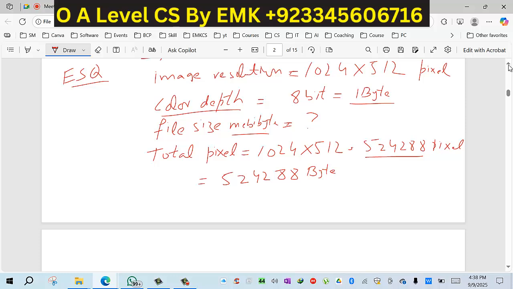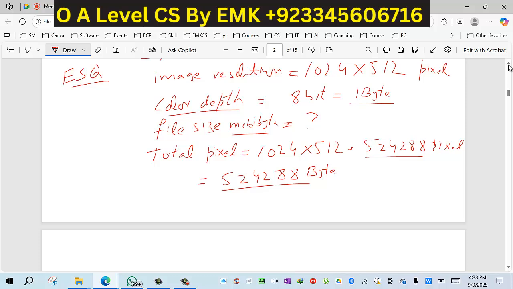अंडरस्टूड? तो अब मेरे पास ये साइज आ गए. But I need to convert into MB byte. तो मुझे क्या करना पड़ेगा? What I need to do? Can you please tell me what I need to do? Divide. Divide by what? Yes, 8.